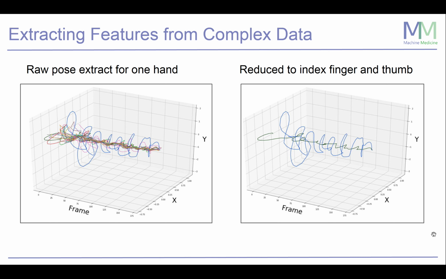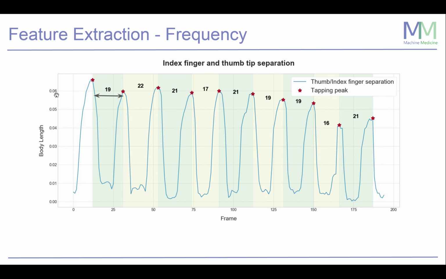However, having done that, we can now obtain a time series such as this one, where we have on the y-axis body length, which, as I mentioned, is how we measure everything as a spatial unit, as a unit of distance. And then on the x-axis, we have frame number. It's trivial to transfer the frame number into a time, be it in seconds or milliseconds, because for these videos there's typically a standard frame rate of between 25 and 30 frames per second.